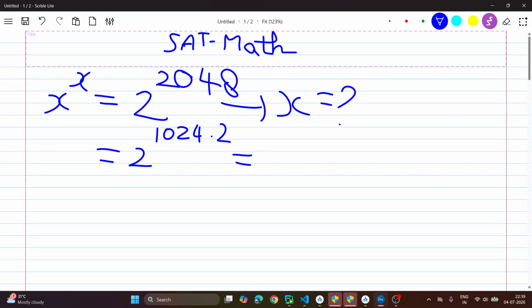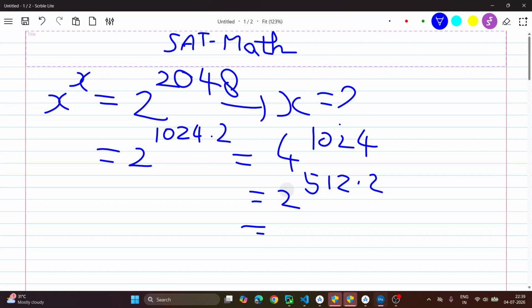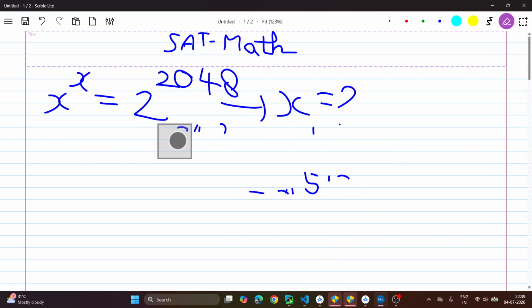So which is equal to 4 power 1024, which is equal to 2 power 512 into 2, I mean, this is 4, right? So 16 power 512. Let me just erase this. I don't have much space on here. 16 power 512 is our last result.